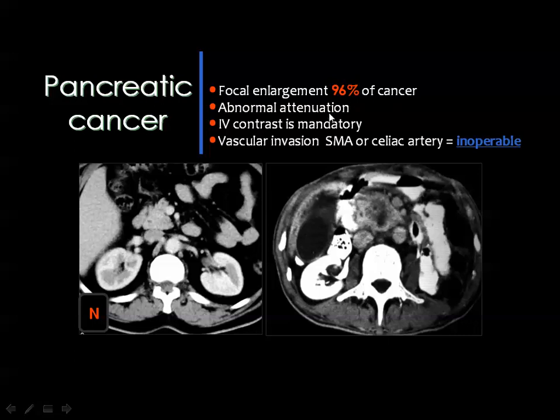Then abnormal attenuation and enhancement, and this sign cannot be reliably judged unless you have injected the patient with intravenous contrast media. And vascular invasion, either the superior mesenteric artery or the celiac artery, indicates that this tumor is inoperable.